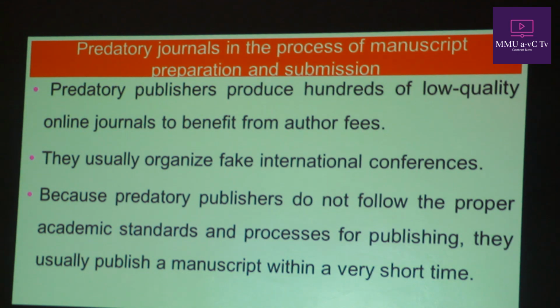Predatory publishers produce hundreds to thousands of low-quality online journals to benefit from the authors' fees. Their main intention is to scoop money from unsuspecting authors who think these are genuine journals, and they end up paying the article processing fees.